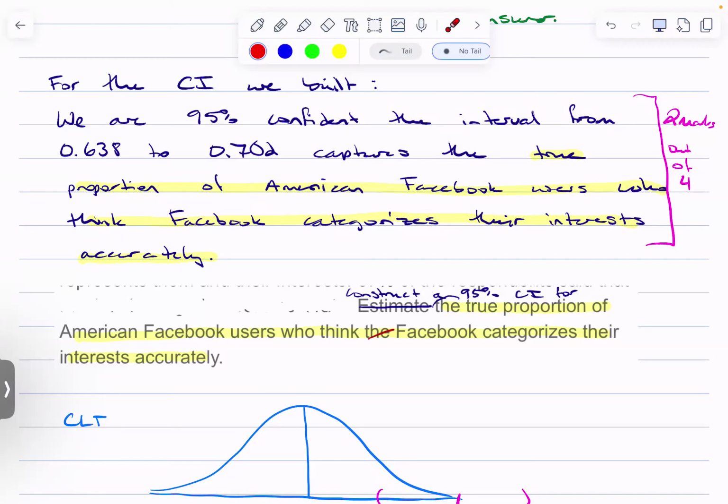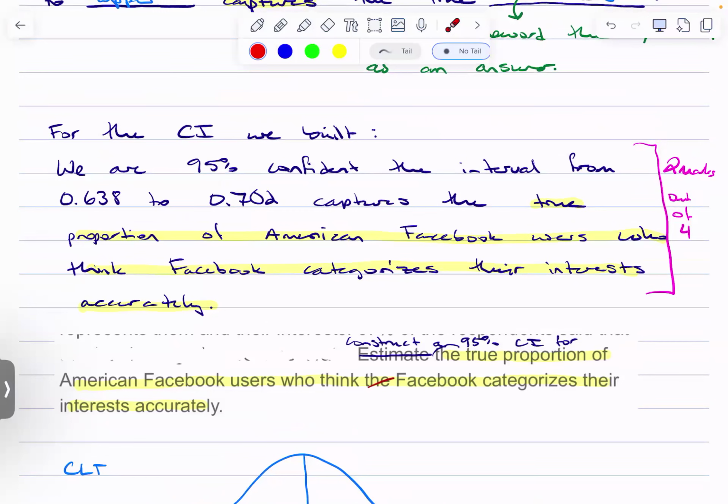For training wheels, and honestly just in life, if you use the standard blurb all the time, then you're safe, because there are a lot of different ways that you could interpret it incorrectly, and I don't want that. And so here it is.